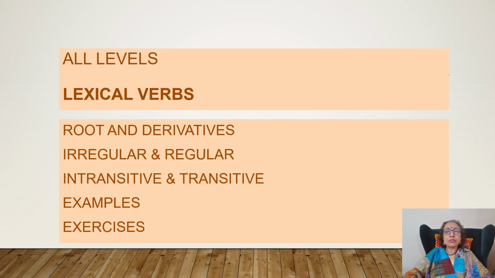Today, we are only going to talk about lexical verbs. I'm not talking about the tense of verbs. We have 12 divisions of time in English, which I will do in separate videos. That will take a few videos, but today only two varieties: regular, irregular, transitive, intransitive.